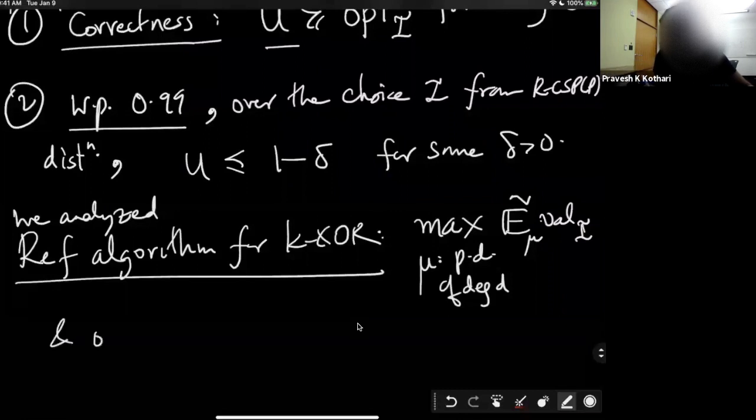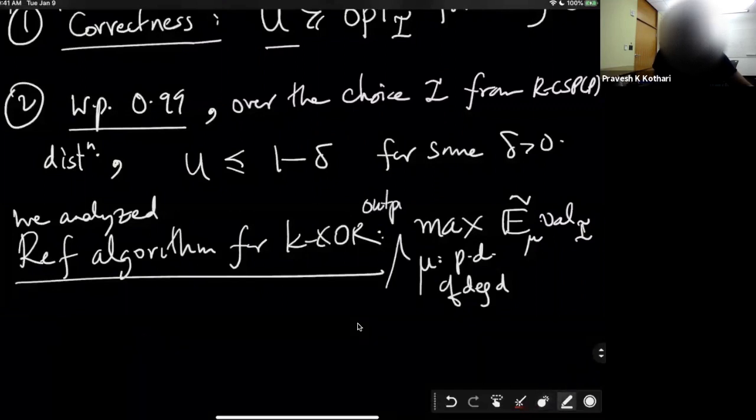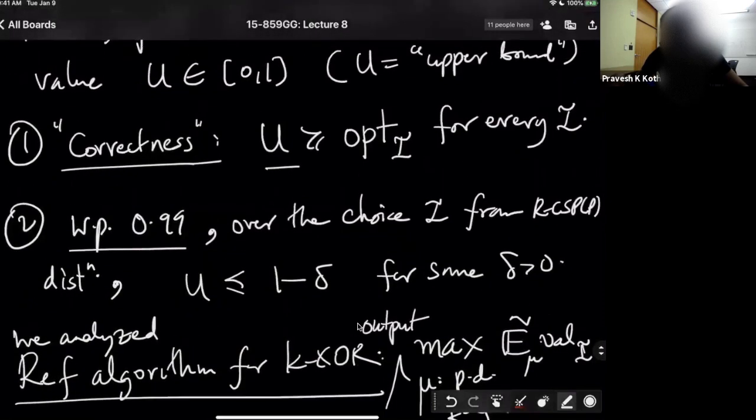And output this value. Okay, so this is the algorithm we've been analyzing, and we proved guarantees on it for various values of degree D, etc. Can someone tell me why this is a refutation algorithm in the sense of the definition here?